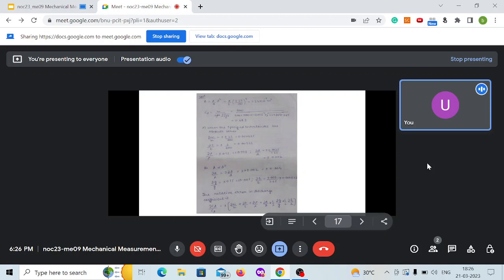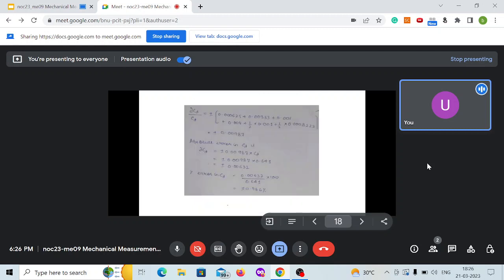Then the relative error in discharge coefficient: you have to find dou CD by CD. We know the CD value, which has been already calculated, and then the summation of that with the coefficients, where for h it is the power half. You can use that and substitute. On substitution, you get dou CD by CD as 0.00987.